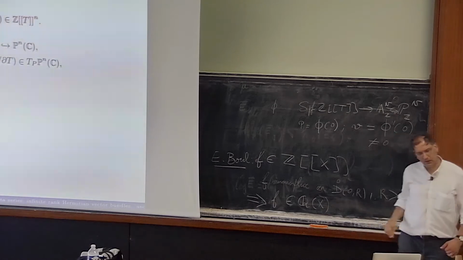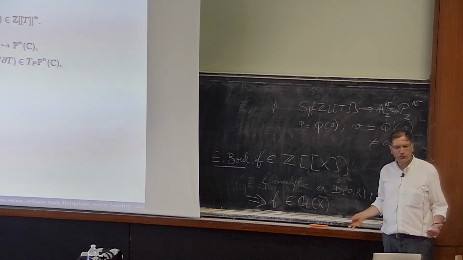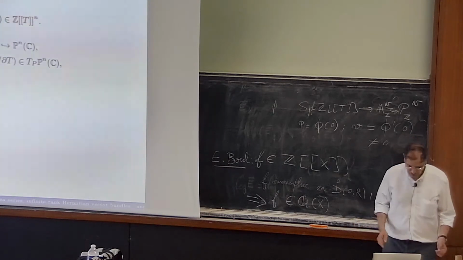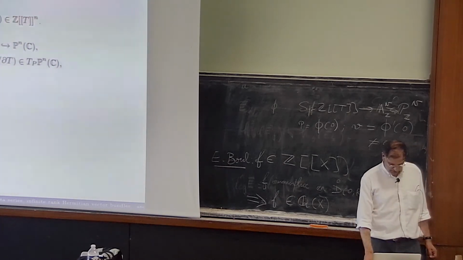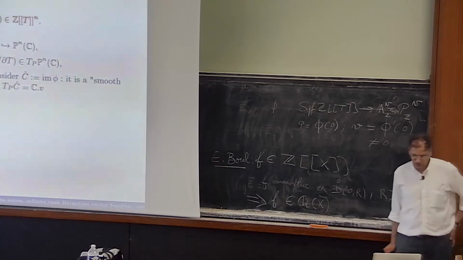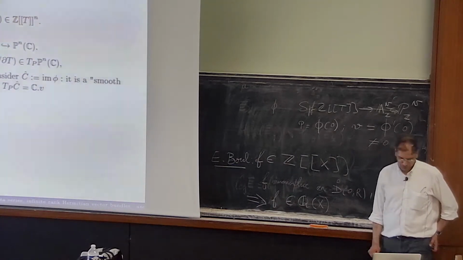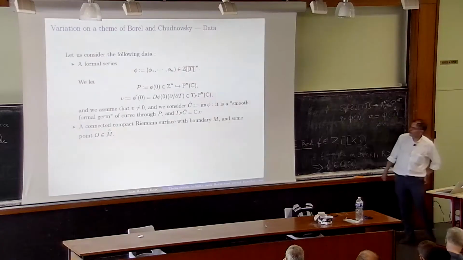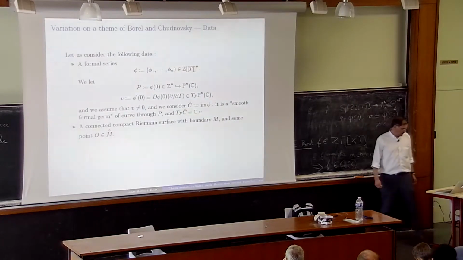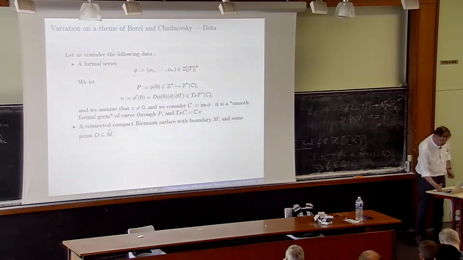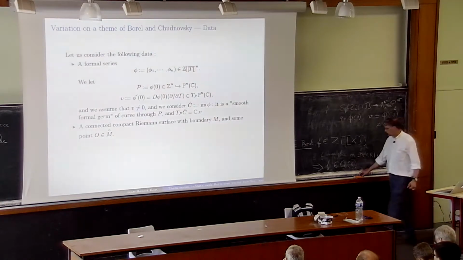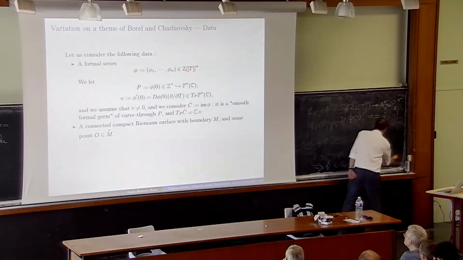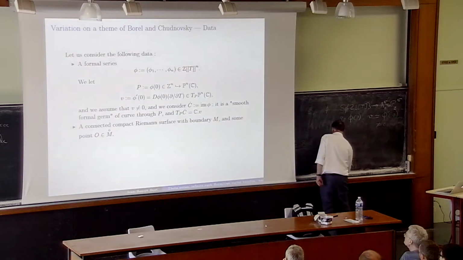So if you want, it's a way to describe a smooth germ of formal curve into the projective space, if it is not zero. Okay, the other part of data I consider is a connected compact Riemann surface with boundary and some point in this Riemann surface.